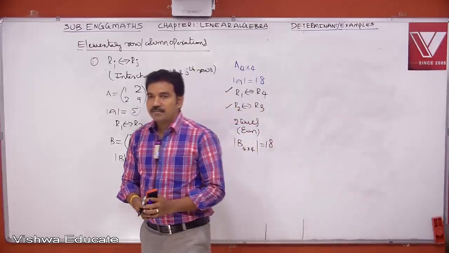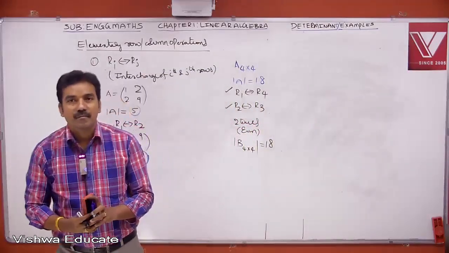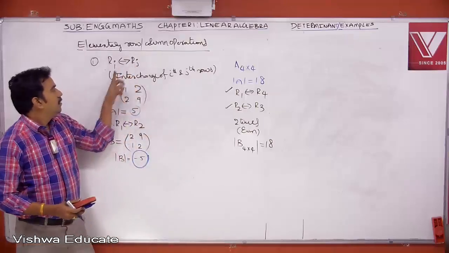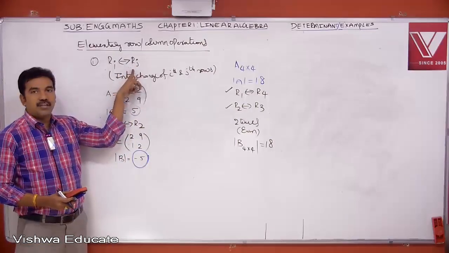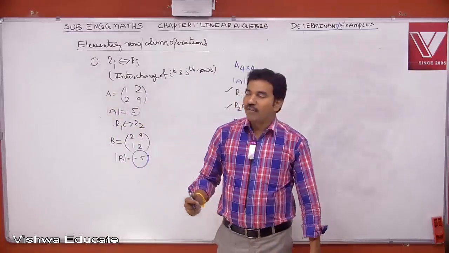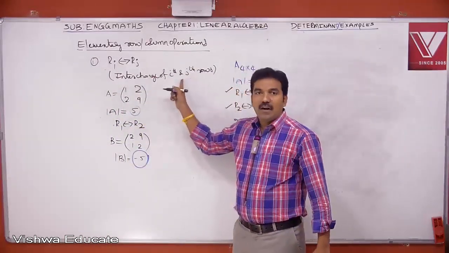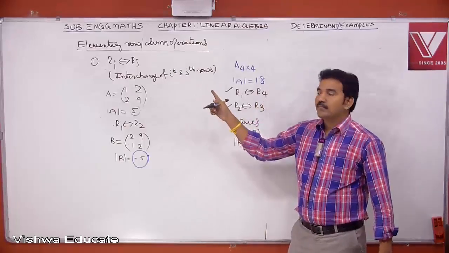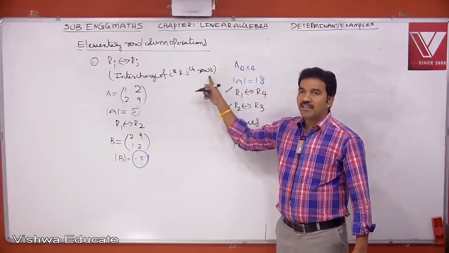Note these points. First one, Ri double arrow Rj: interchange of ith and jth rows.